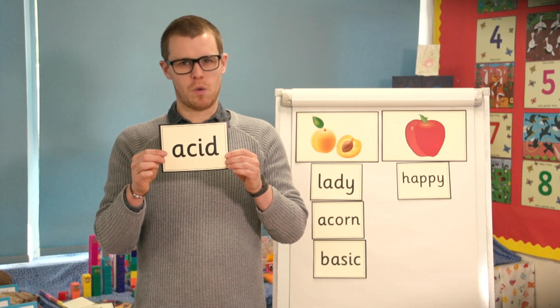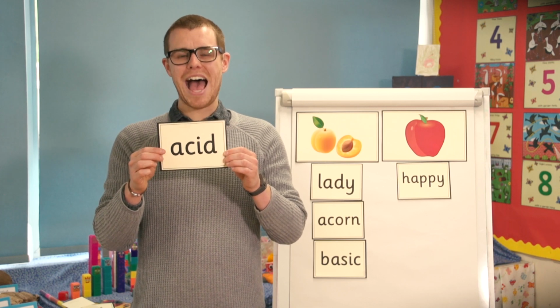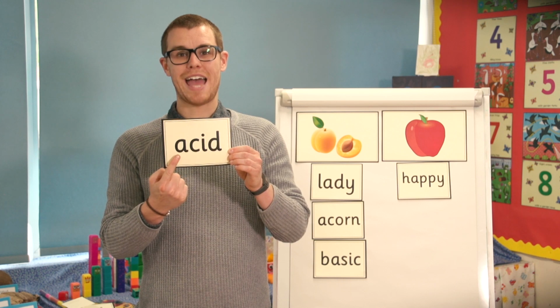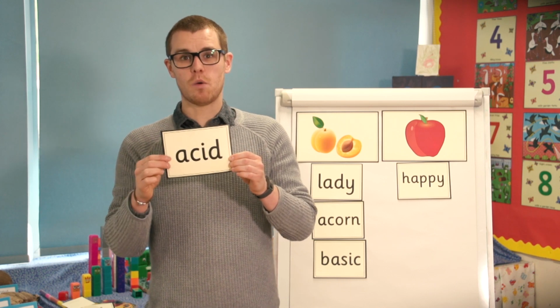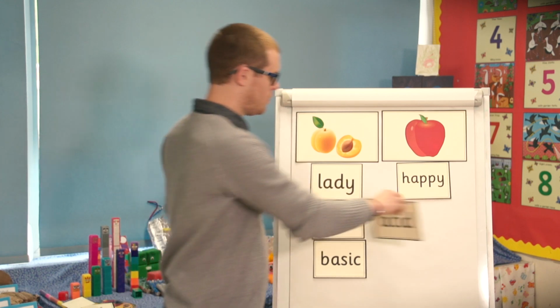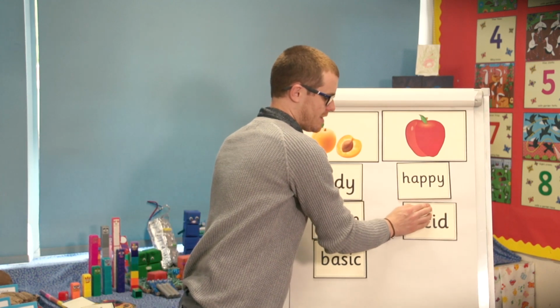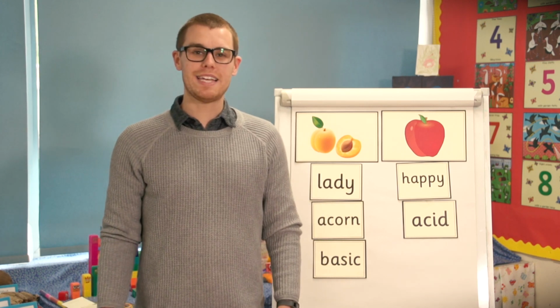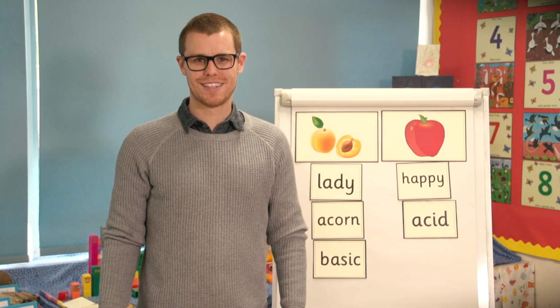Acid isn't a real word, it's acid. Acid begins with the sound A, so I'm popping it here, under the apple. A lemon has an acid taste, which makes it very sour.